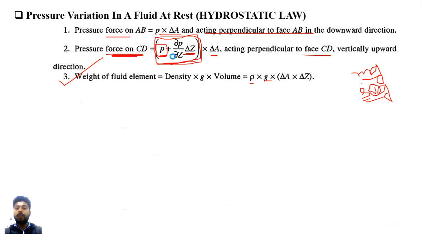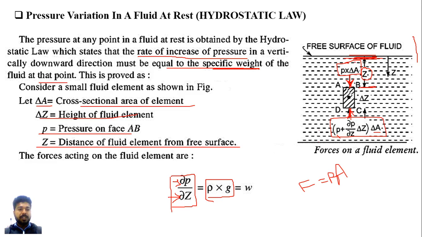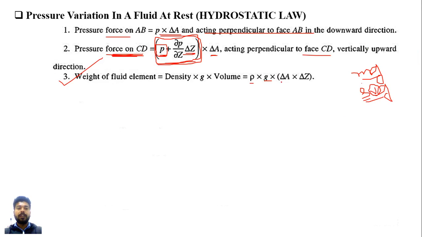So what will be the volume? The cross-sectional area is ΔA, and the height is ΔZ. So the volume is area into height, ΔA × ΔZ. That will be in mm³ or m³.